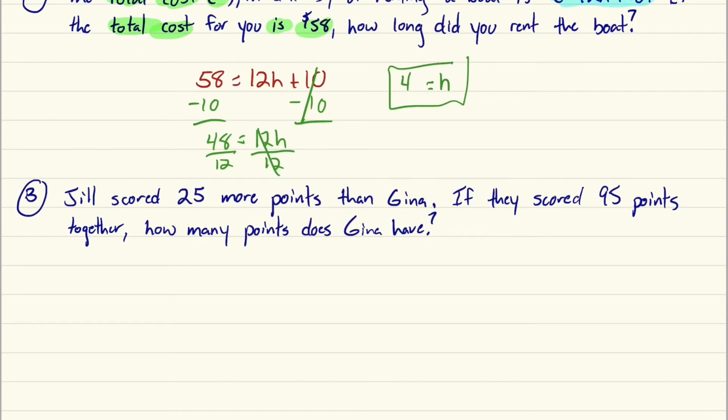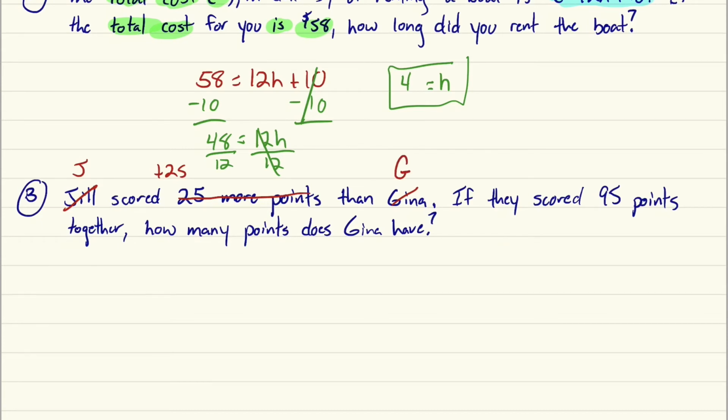So Jill, which we're going to call J, scored 25 more points. So basically we know 25 more points means plus 25 than Gina. And we're going to call Gina G. And that is a G and not a 6. I will rewrite that. G. All right.